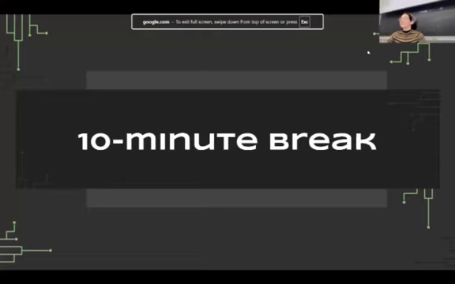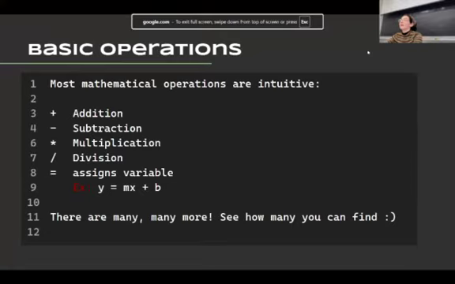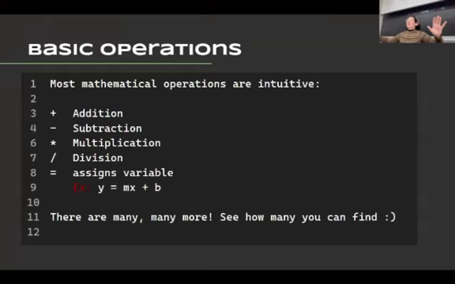Okay, some more background before I do some examples, just so that you're a little more clear on what we're doing. Most mathematical operations, like you would type in a Google Doc or whatever, are the same as in Python.